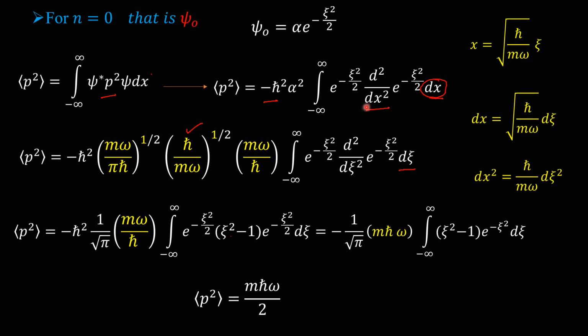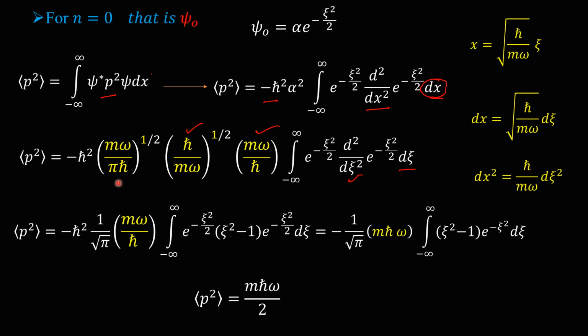So you replace this x squared by h cross divided by m omega z squared. So in the denominator you have h cross m omega, so it will go to numerator. This will be m omega divided by h cross, and we have replaced the x by z squared.